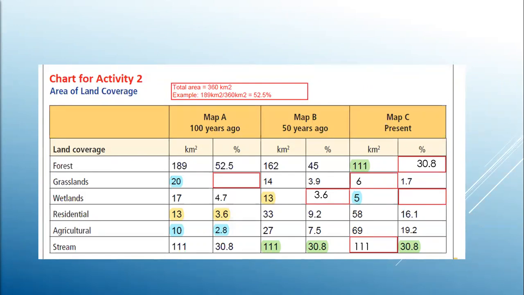But one thing I also think is interesting is that the forest, the grassland, and the wetlands have significantly shrunk over the years, while the residential area and the agricultural area have increased. So you can see here the residential area increased from 3.6% of the entire map to 16.1%.